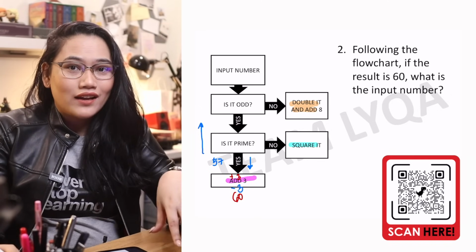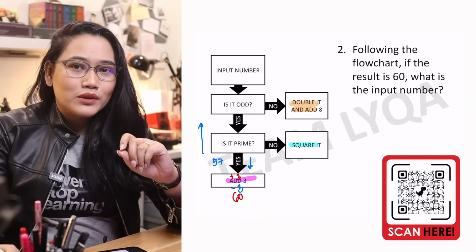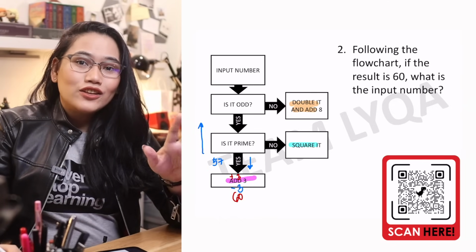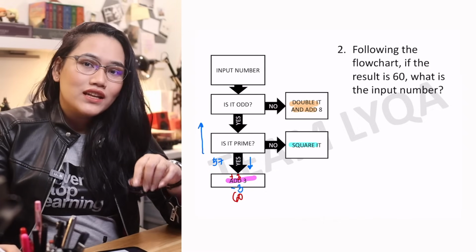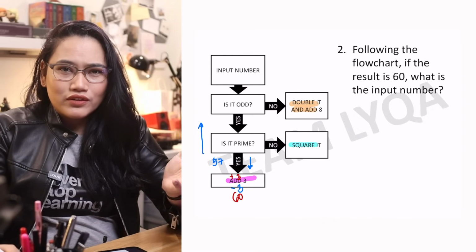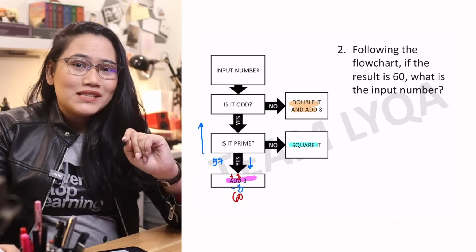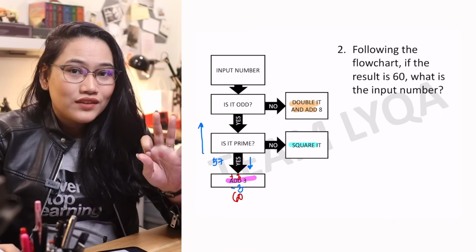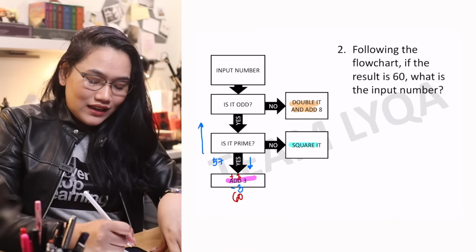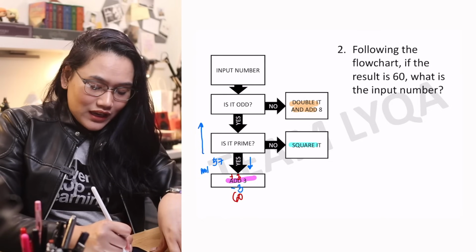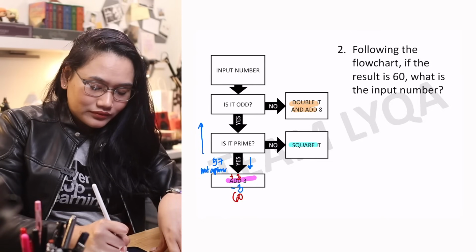Ililink ko na lang din dito ha. Pero basically, to figure out if a number is divisible by 3, you can add yung digits niya. Sa 57, it's 5 plus 7 or 12. At dahil ang 12 divided by 3 ay 4, walang remainder, ibig sabihin ang 57 ay divisible sa 3. 57 is not a prime number.